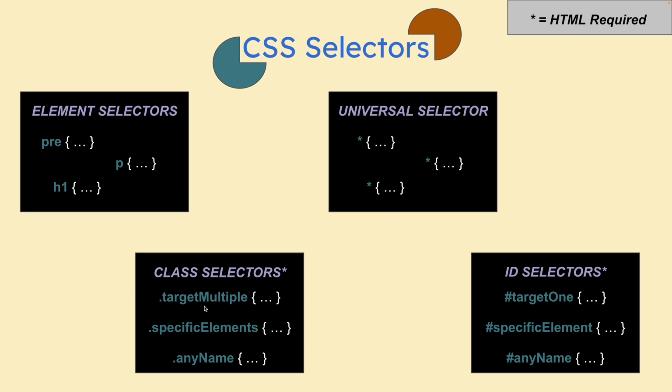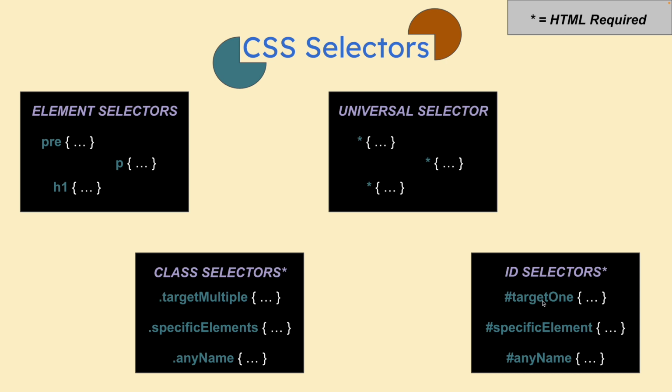So we also have class selectors. Now, you'll notice the asterisk here on ID and class selectors, and that's because there's a little bit of HTML required in order to meet these requirements. So class selectors begin with a dot, and ID selectors begin with hashtags. Class selectors can target multiple specific elements.